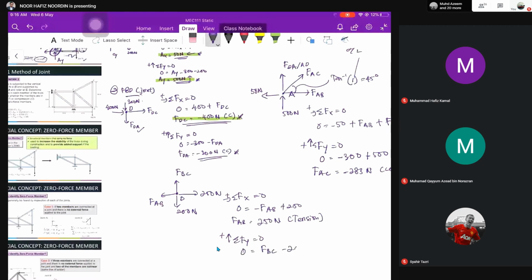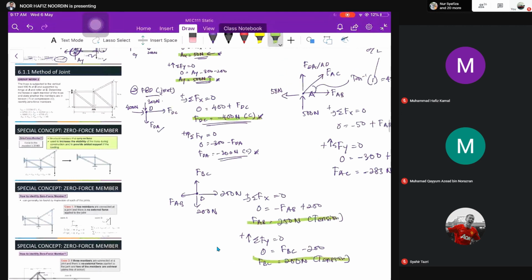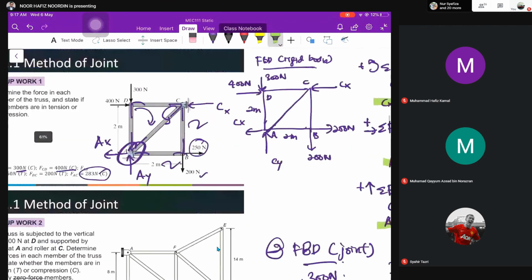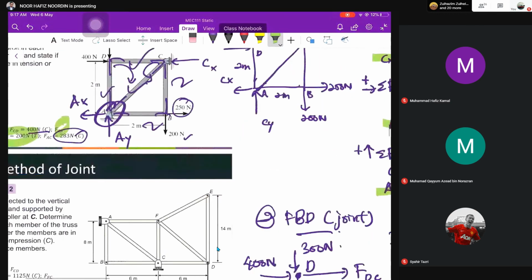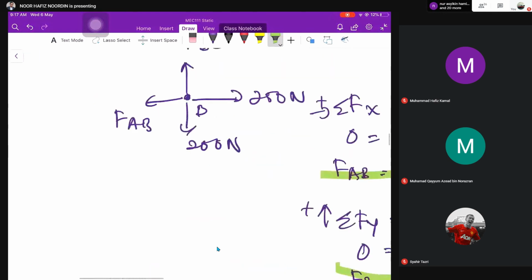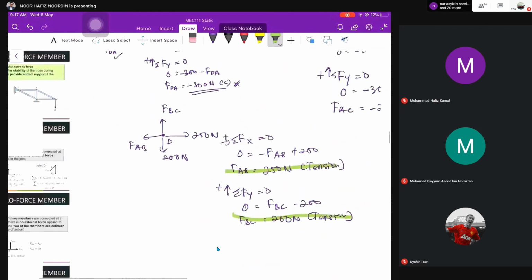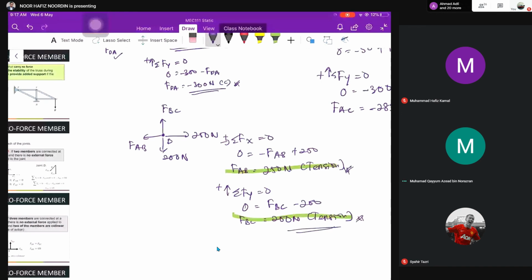So FBC equal to 200 Newton. Also tension. Betul tak? FAB 250 tension. FBC 200 Newton tension. So kita dapat the same value tadi. So betul lah. Ada soalan? Habis. Siap untuk group number 1.